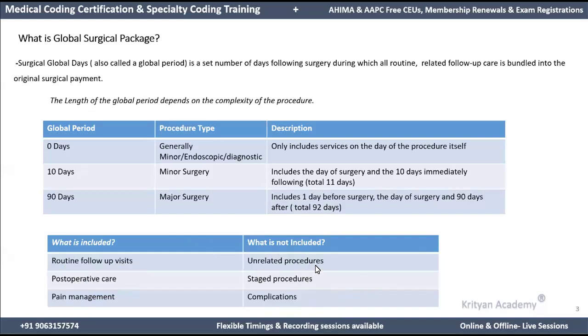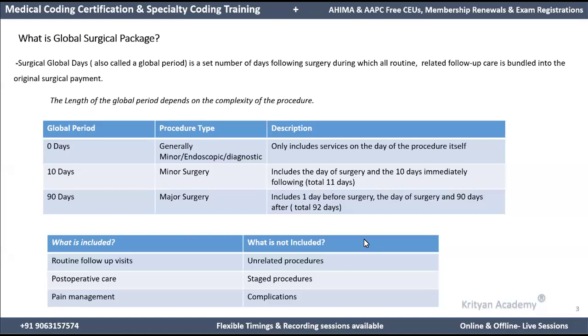We can code these separately by adding modifier 78 or 79. Of course, there is modifier 58 also, but in today's topic we are only discussing modifier 78 and 79. In the next video, I'm going to explain modifier 58.